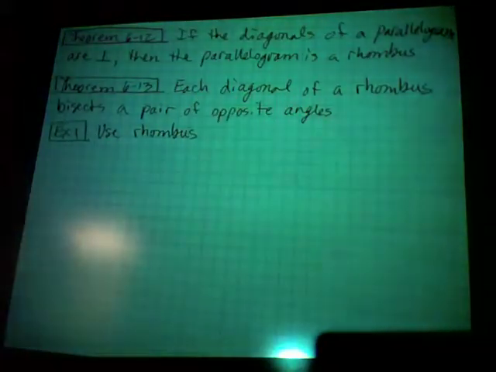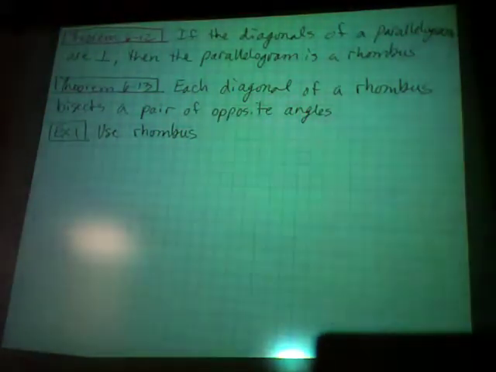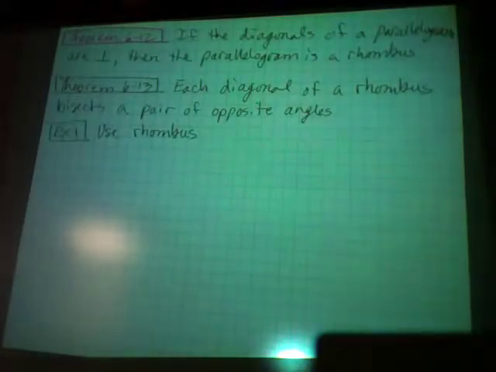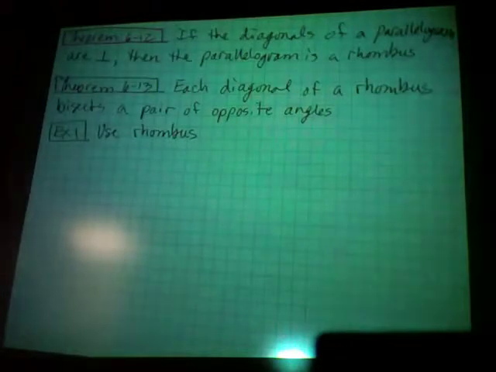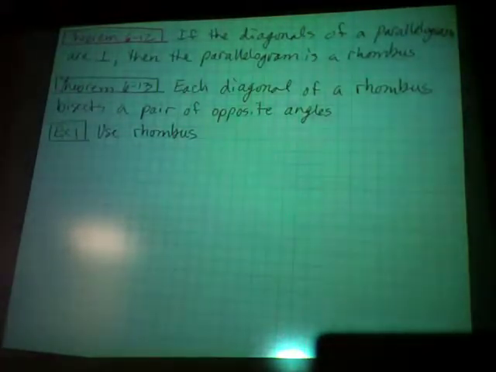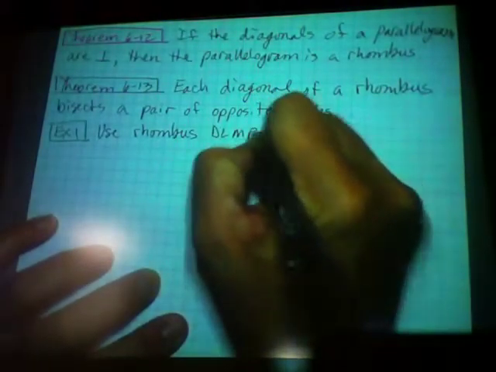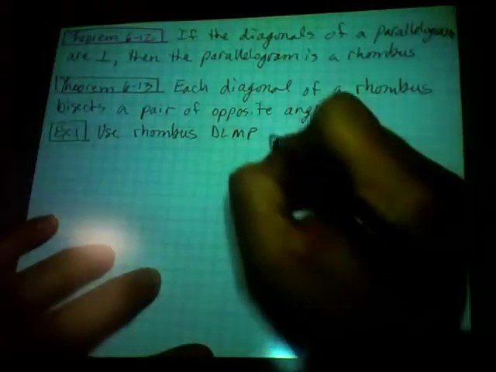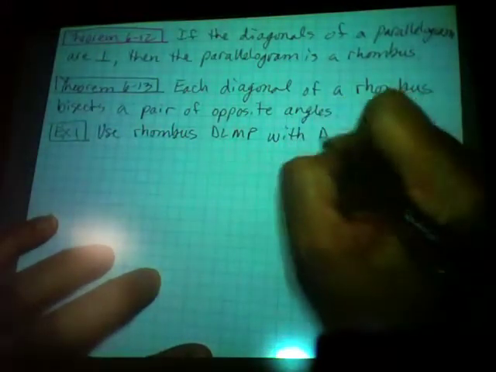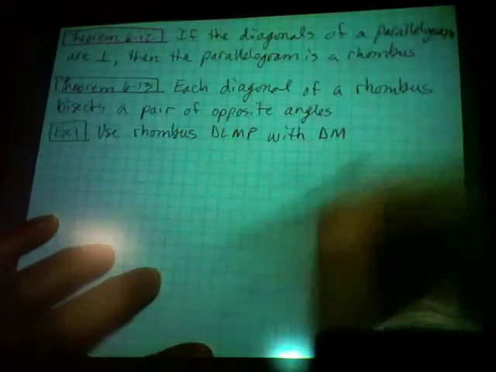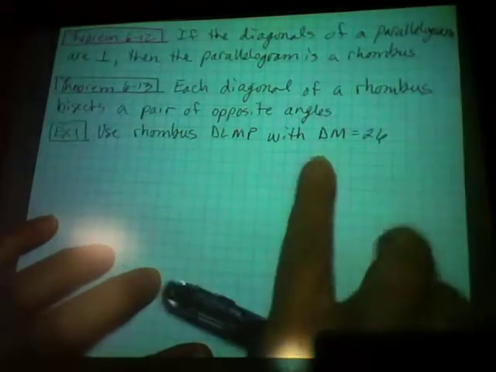So the minute they tell me it's a rhombus, it has all the characteristics of the parallelogram plus the new characteristics of the rhombus, the fact that the diagonals are perpendicular and that the diagonals bisect the opposite angles and that all four sides are congruent. So use rhombus DLMP with DM equaling 26. What does this notation mean?